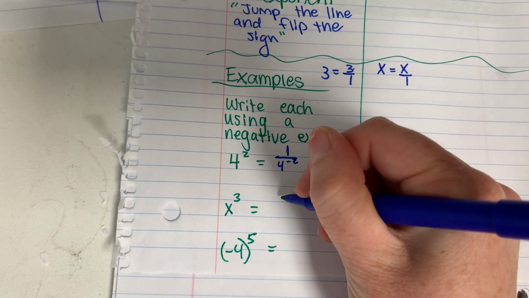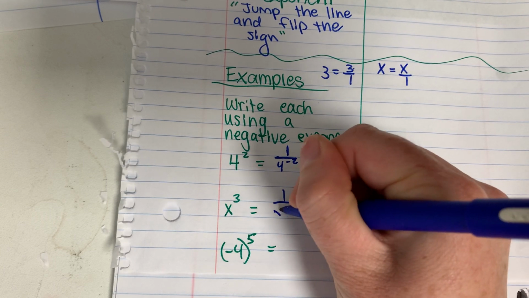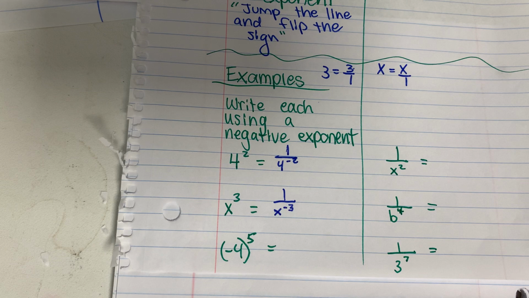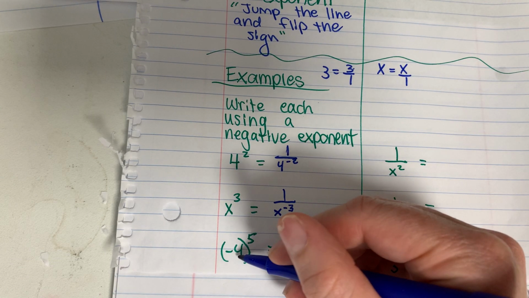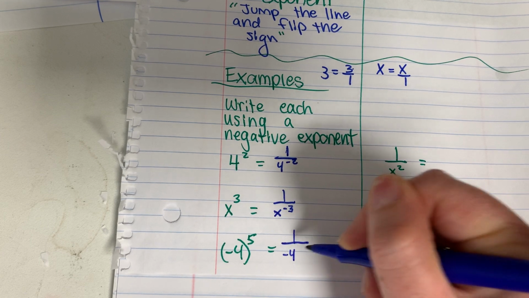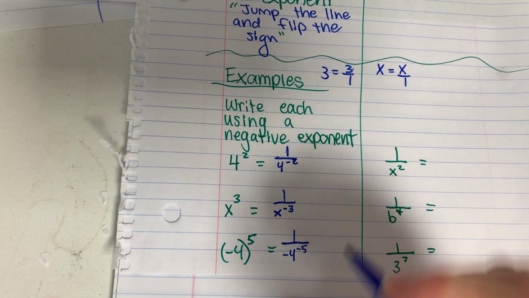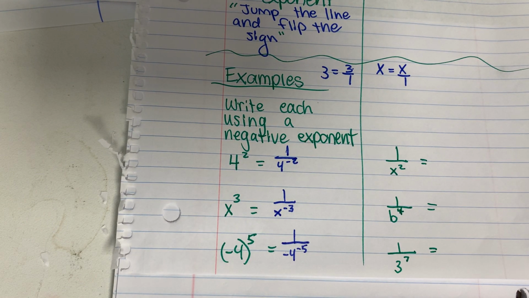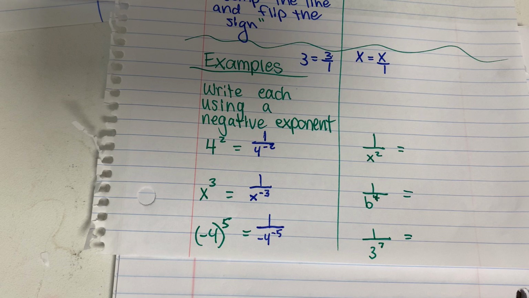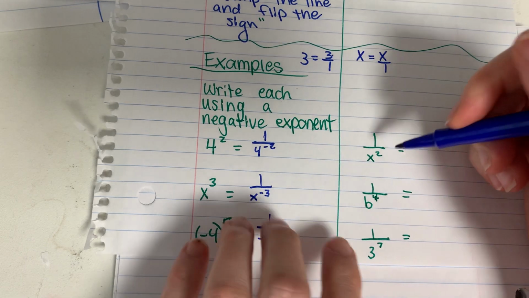X to the third, that's the same as 1 over x to the negative 3. We're jumping that line and flipping the sign. Negative 4 to the fifth, we're jumping down. Negative 4 stays, and that exponent turns to negative 5. And we're going to do the same thing over here. If it's in the denominator, if we want to change that sign, we need to jump that line.